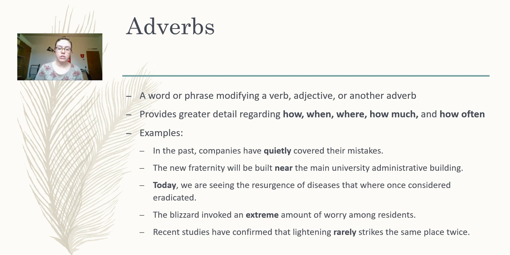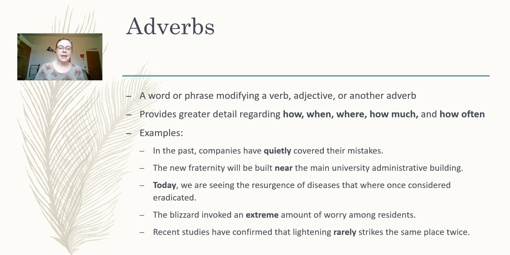But if someone were to have said the new fraternity will be built far from the main university administrative building, that's going to create an entirely new understanding for your readers to say, oh, well, if it's far away, then it's not really accessible, or the noise might get excessive, or whatever the case may be.